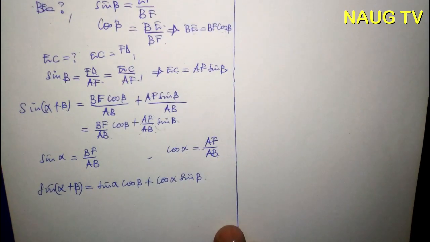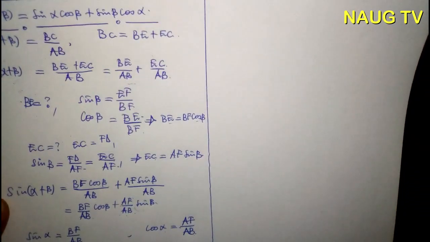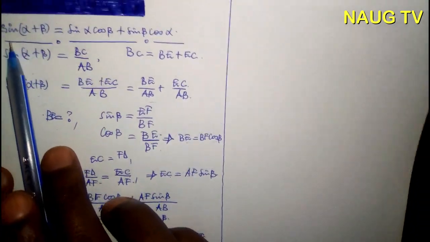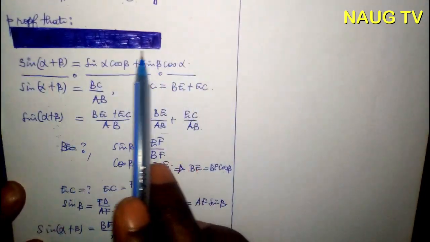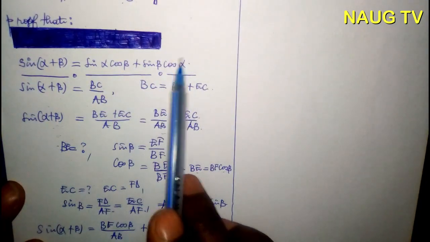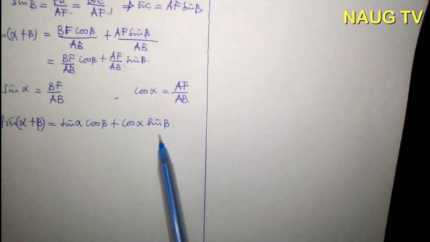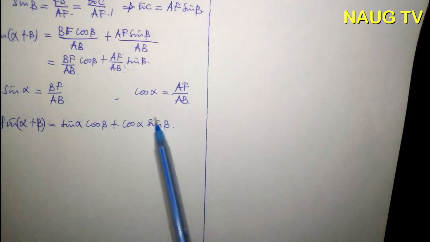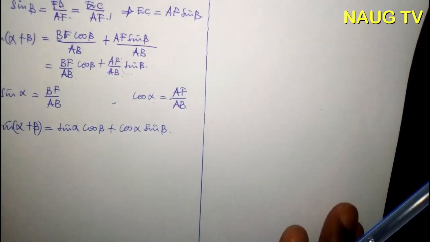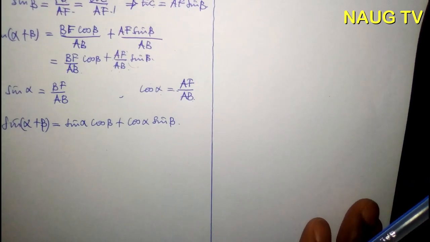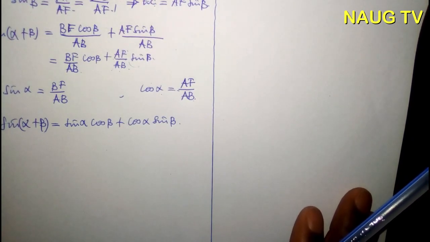So if you check this original formula, and also this one, you will find that it is looking the same. So if it is looking the same, we may say that our identity has been proven.